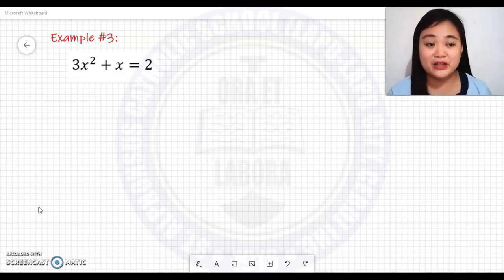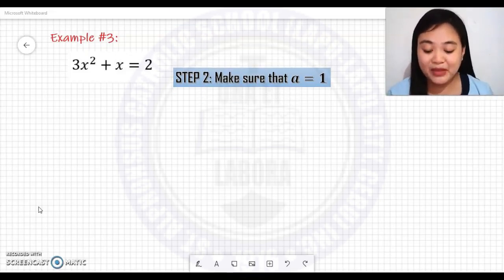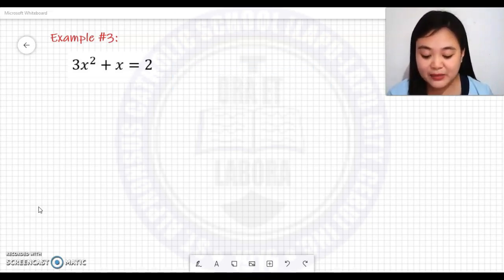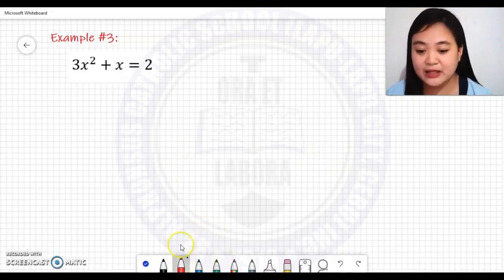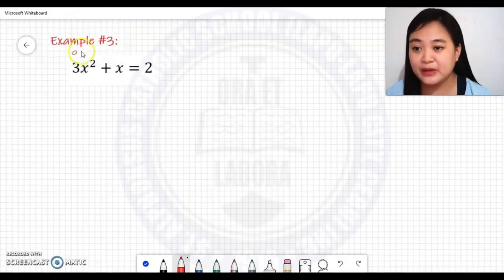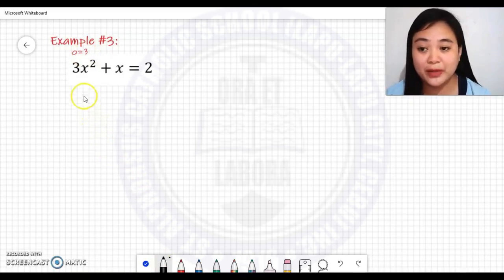We will now proceed to step 2, which is we need to make sure that our a is equal to 1. In this given, our a is not equal to 1, but our a here is equal to 3. So what are we going to do? Very simple. We need to divide the whole equation by 3.